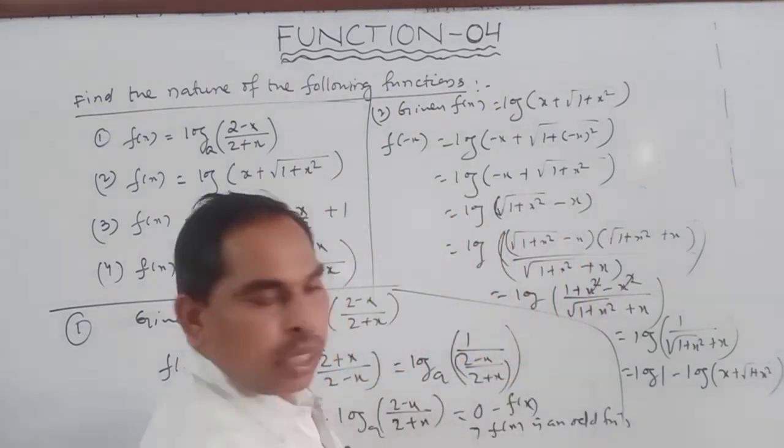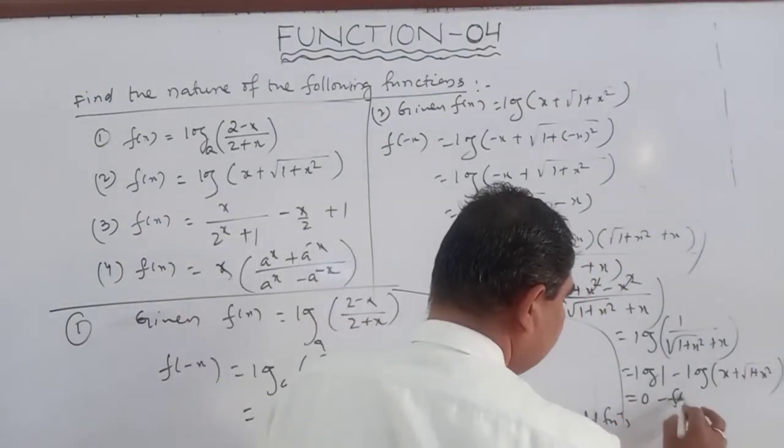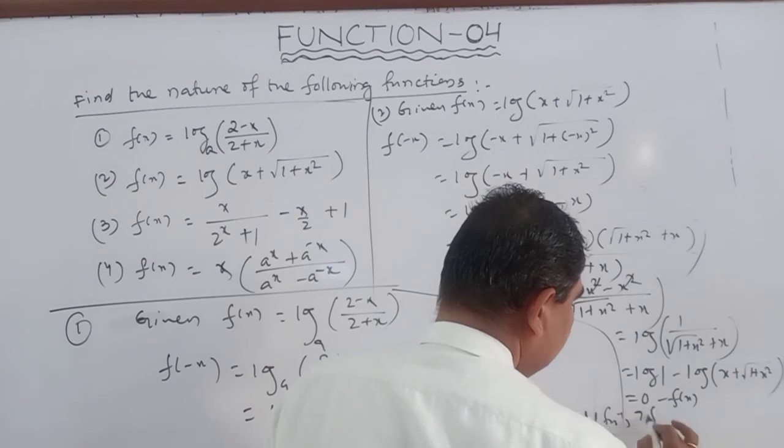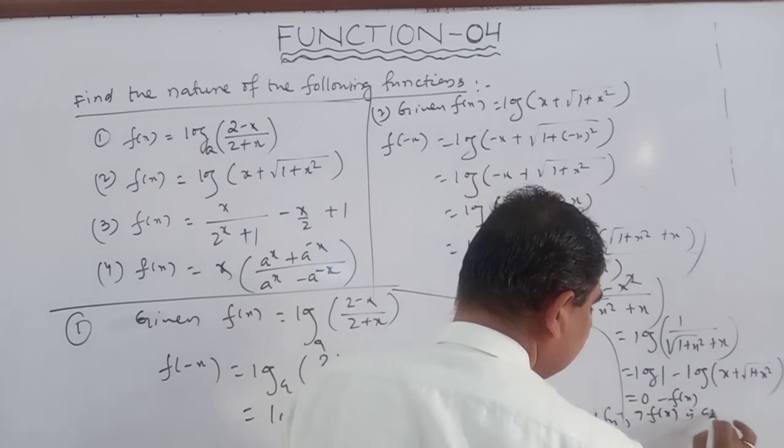Okay, so this is 0 minus f x, so implies f x is an odd function.